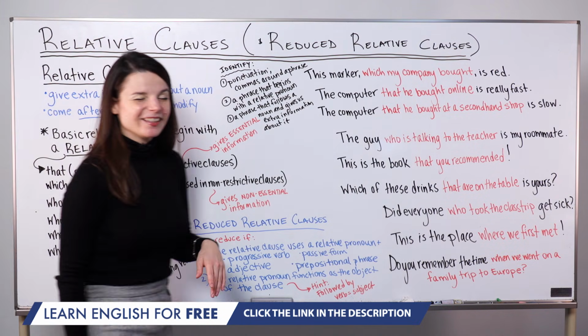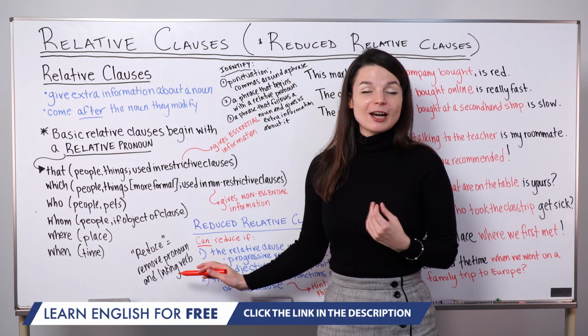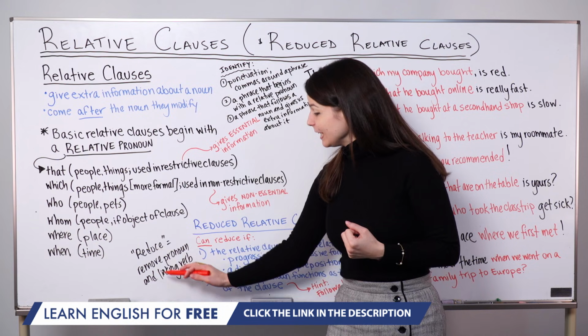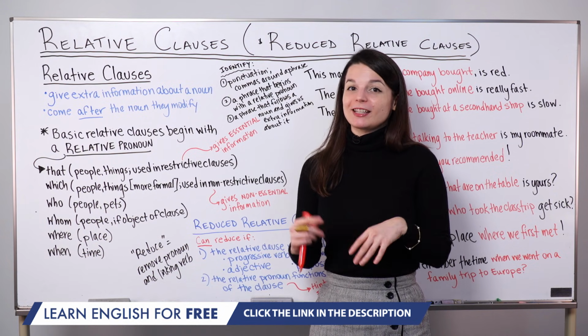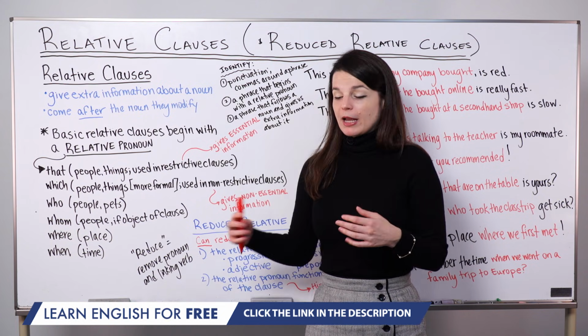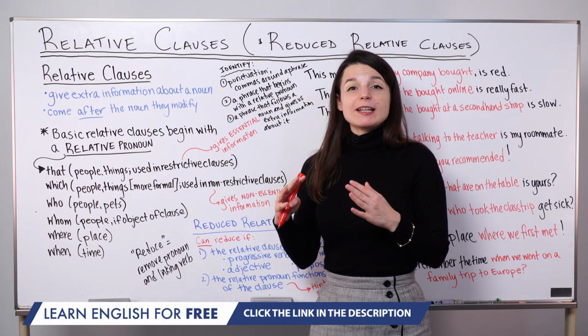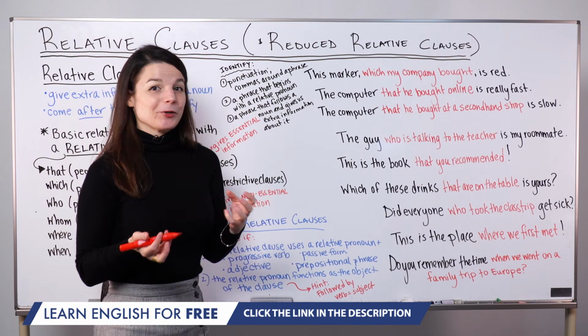I'm off the screen, sorry. So to reduce a relative clause means we remove the pronoun and the linking verb. So the linking verb is usually the verb be, some form of be, like is or are. So when we reduce these, as we'll see in just a moment, the phrase becomes slightly shorter, that's all. It becomes easier to say, shorter to say.